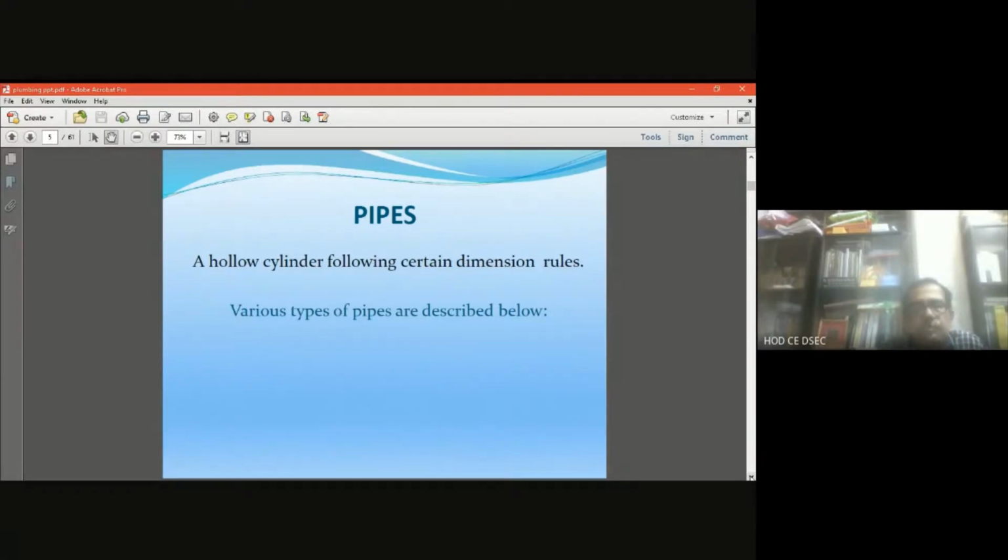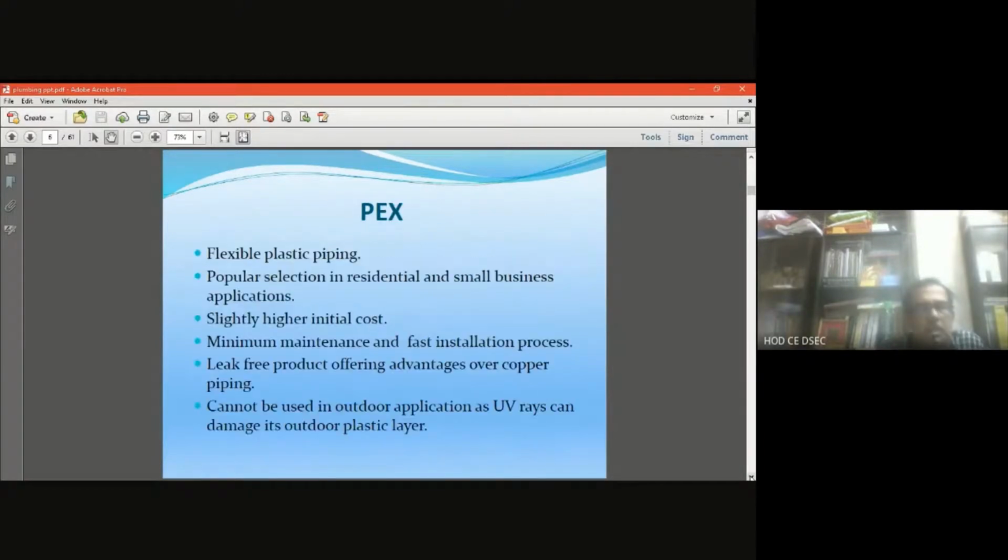Now, what is PEX? It is a flexible plastic piping which can be bent easily, which is very useful for construction and fitting purposes. It is a popular selection in residential and small business applications, with a slightly higher initial cost, minimum maintenance, a fast installation process because it is flexible, and a leak-proof product offering advantages over copper piping.